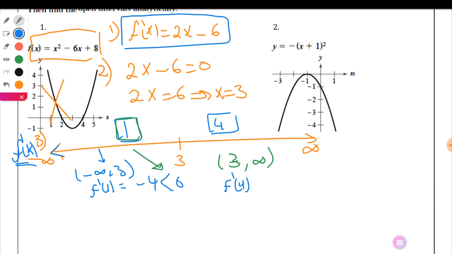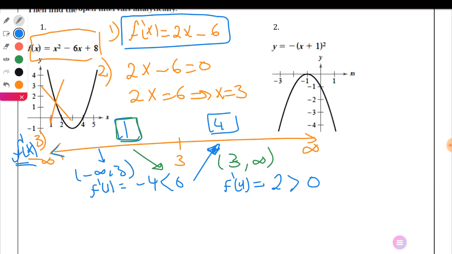Because someone in the morning asked me, Miss, from where number 4? From where number 1? It's just a value I choose in the interval. If you use the calculator, it will be 8 minus 6, which is 2, greater than 0. It means positive. So the function is increasing.